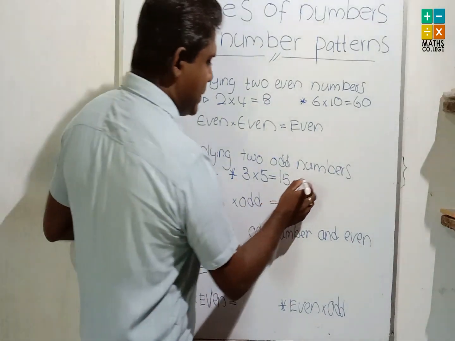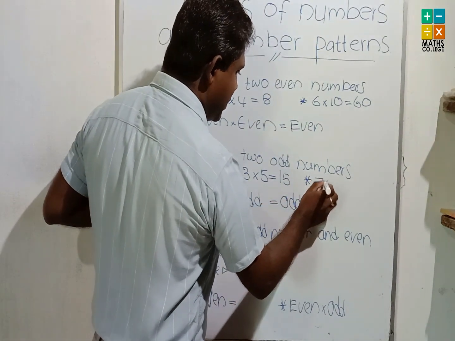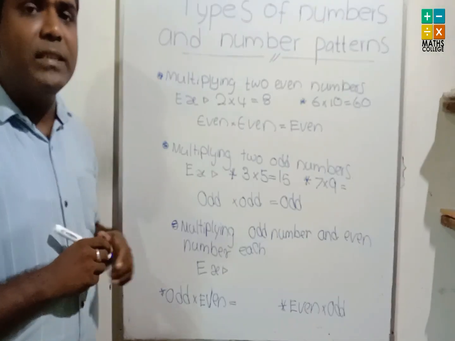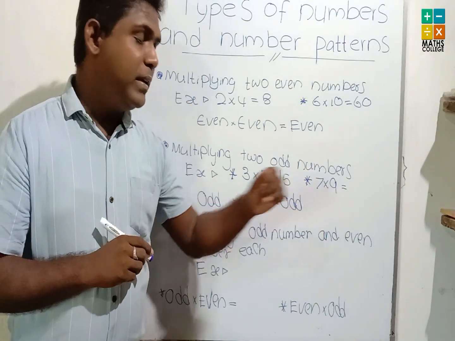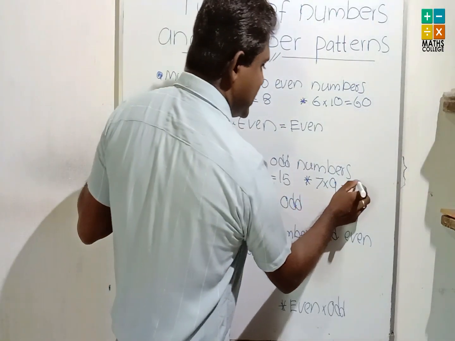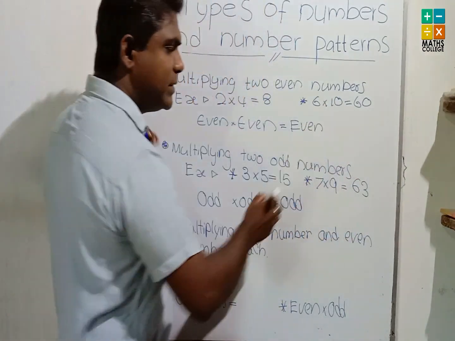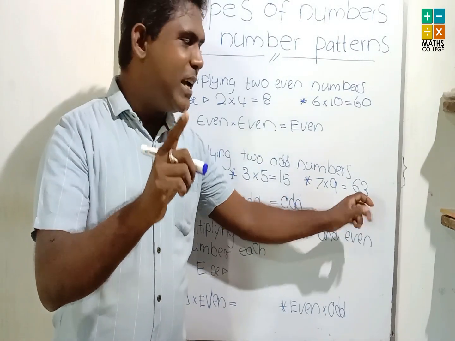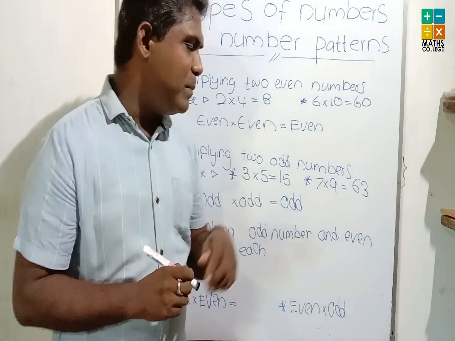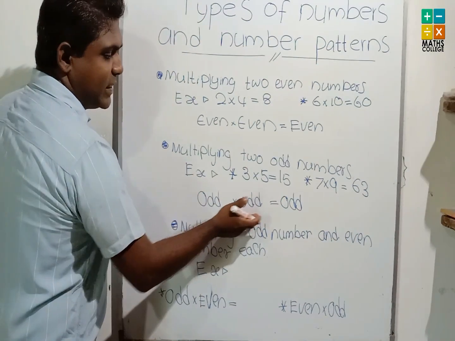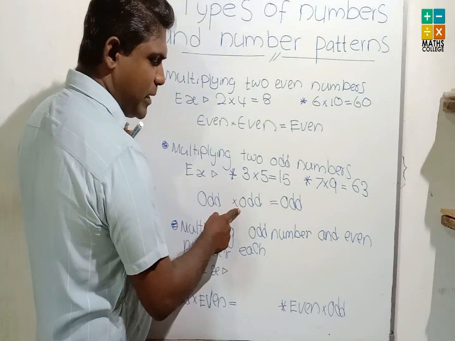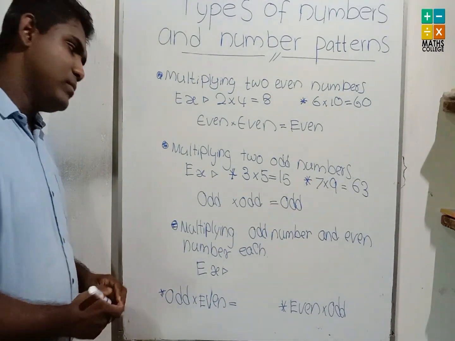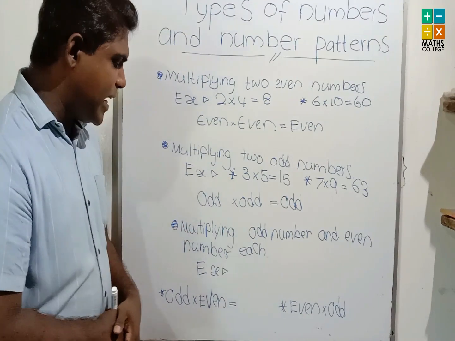Consider another example, 7 multiplied by 9. 7 is an odd number, 9 is an odd number, the answer is 63. 63 is an odd number. Why? The last digit is odd, therefore 63 is also an odd number. We can conclude that odd number multiplied by odd number is an odd number. Okay. Then multiplying odd numbers and even numbers.